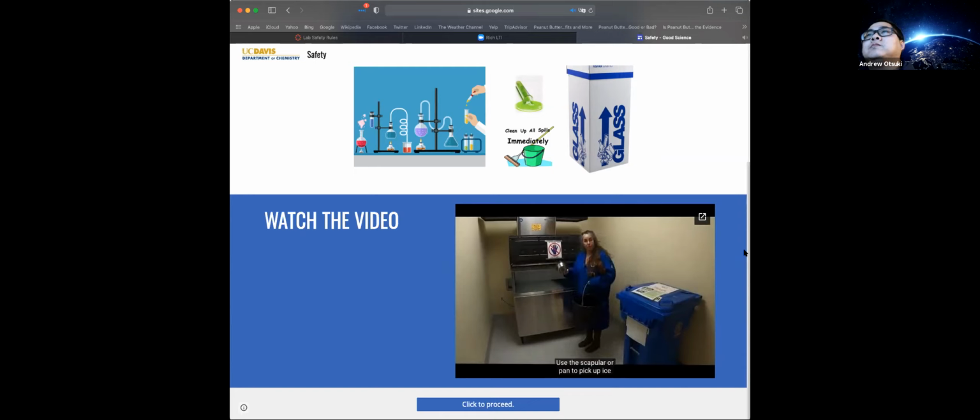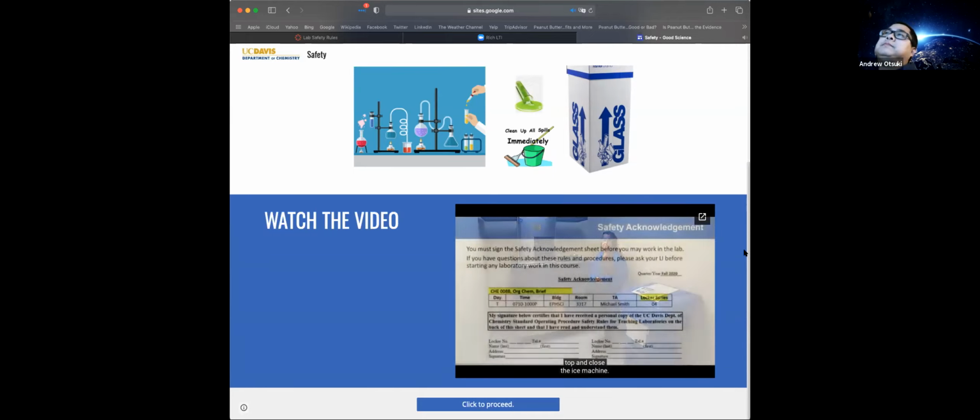Use the scoopula or pan to scoop out the ice. When you're done, please be sure to place the pan on top and close the ice machine. You must sign the safety acknowledgement sheet before you may work in the lab. If you have questions about these rules and procedures, please ask the lab instructor before starting any laboratory work.